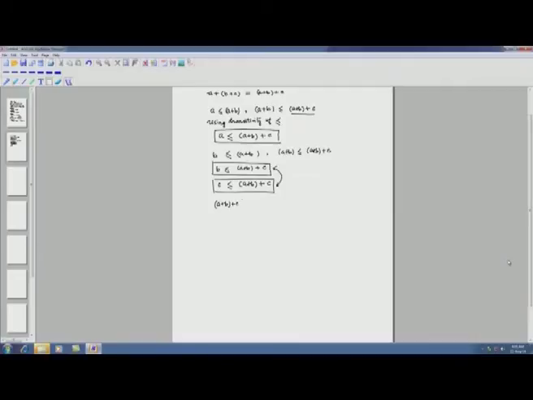Definitely (A + B) + C is an upper bound for the set {B, C}. We write it down: (A + B) + C is an upper bound for the set {B, C}.